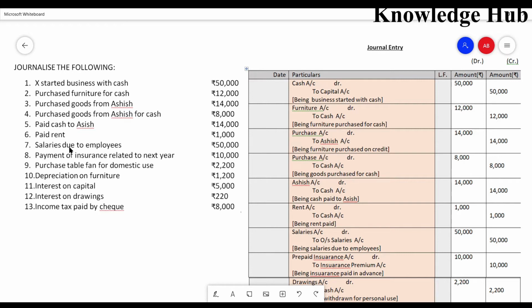Outstanding salaries is a liability for me, so my liability also increases. When my liability has increased, I have credited my outstanding salaries account. So my transaction now is salaries account debit to outstanding salaries account 50,000, 50,000.